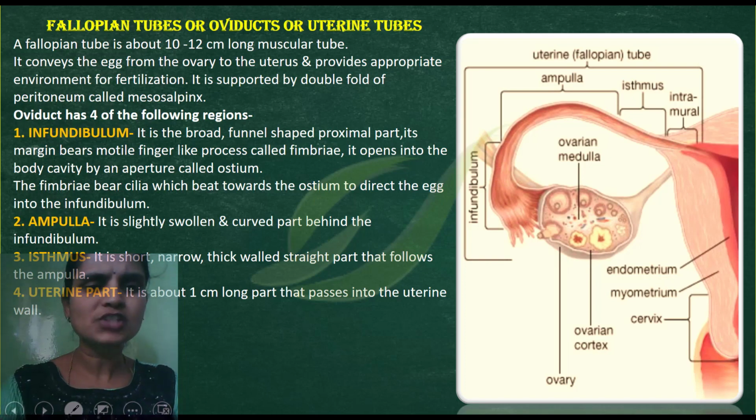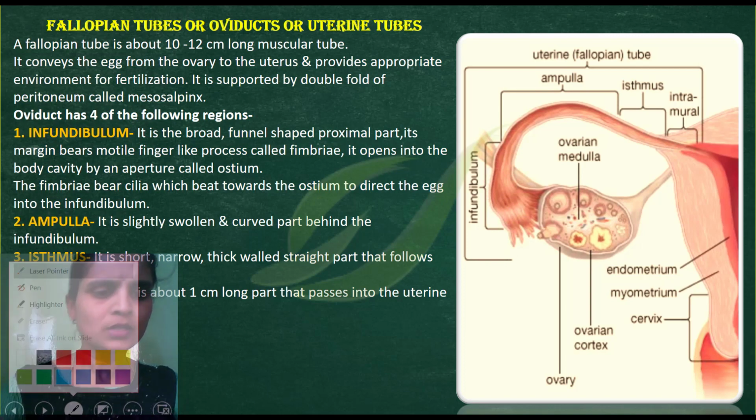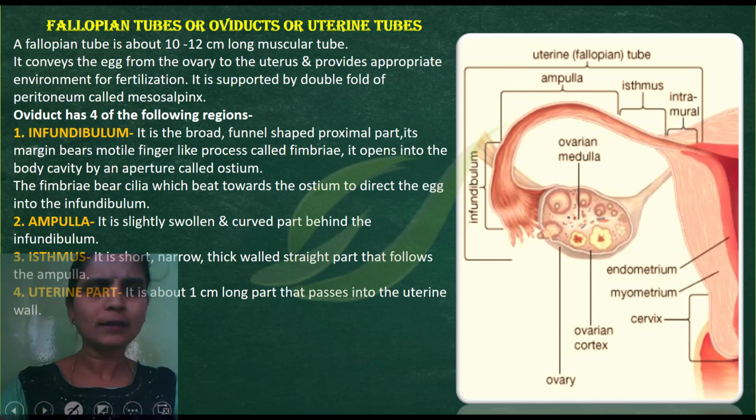At its proximal end, its margin has finger-like projections, and motile ciliated cells are present. This part is called the fimbriae, and above that is the infundibulum.